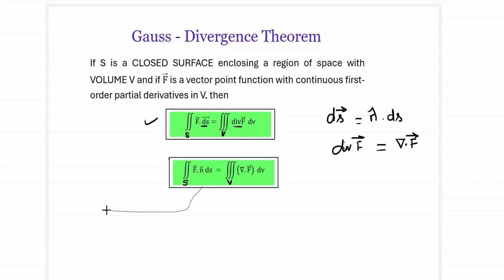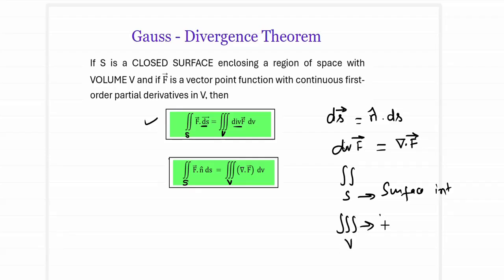What the Gauss divergence theorem actually does is help us connect a surface integral with a volume integral. What we see on the left hand side is the surface integral, double integral over S. And on the right hand side we have triple integral over V, which represents the volume integral.